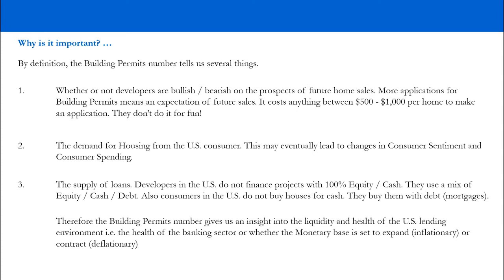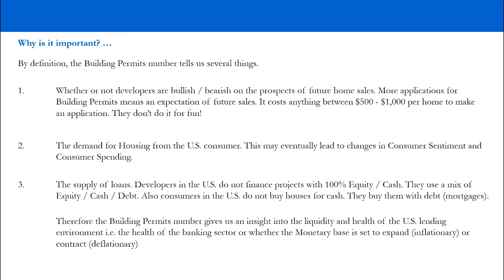It costs anything between $500 to $1,000 per home to make the application. And of course, these guys don't do it for fun. If it costs money, it's pretty serious. So it gives us a very good indication of whether developers are bullish or bearish. If there's a lot of applications going in, they're paying a lot of money for permits. If there's not a lot of applications going in, they're not paying any money for permits for future projects. So it's an indication of how bullish or bearish they are.